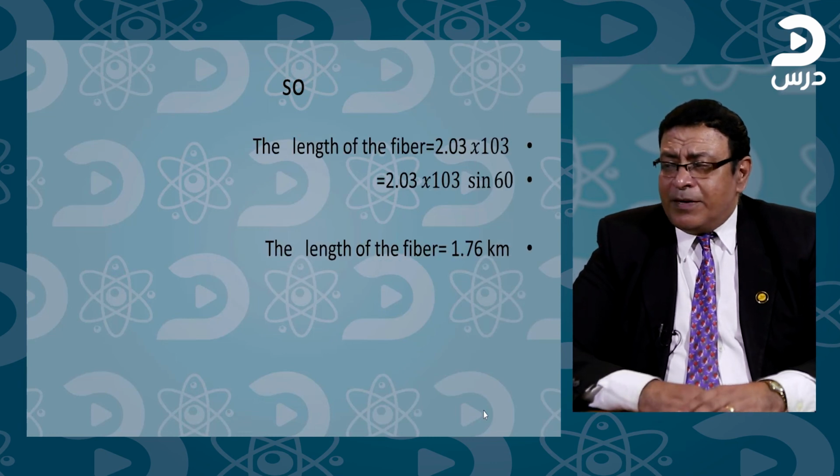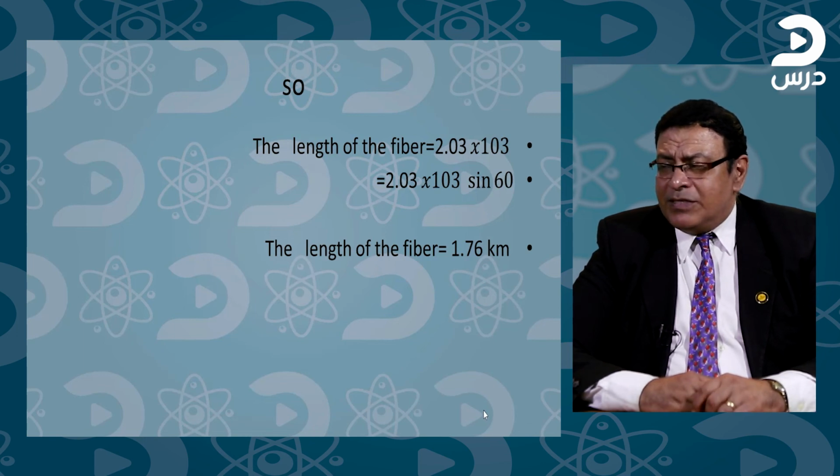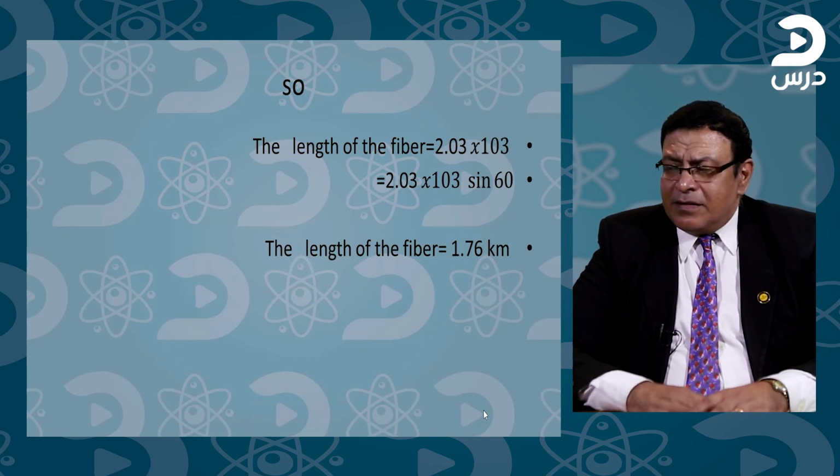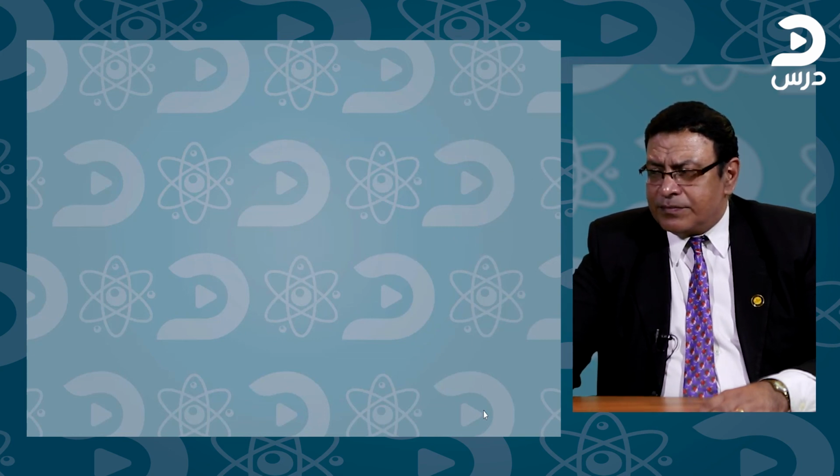So the length of fibers 2.03 multiply 10 power 3 sin theta. طبعا هنا 2.03 times 10 power 3 sin 60. يبقى هنا the length of fibers بالمتر divided 1000 يبقى equal 1.76 كيلومتر.